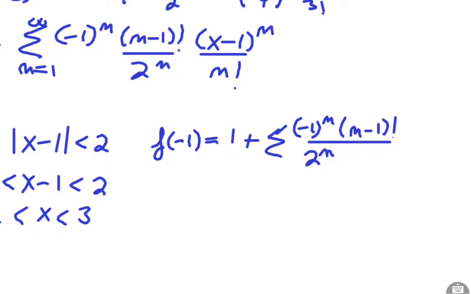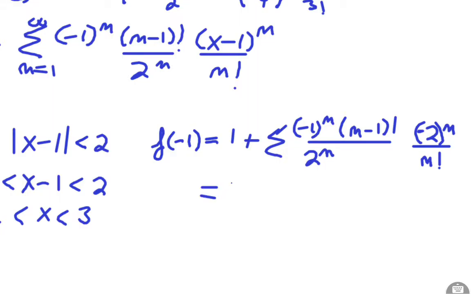Okay, whatever. Now it's going to be times negative 2 to the n over n factorial. Alrighty. There you go. Now let's simplify that.